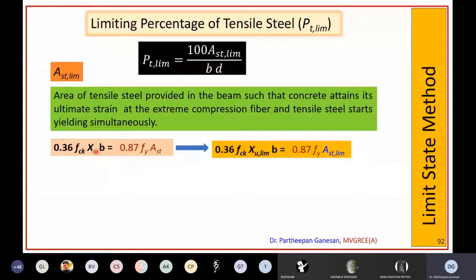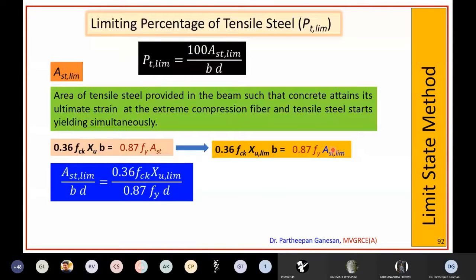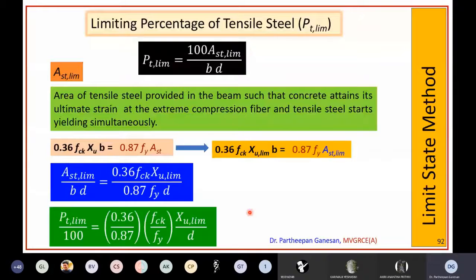So from this you can find AST limit by BD is equal to 0.36 FCK XU limit divided by 0.87 Fy D. Okay, so from this equation you can easily derive it. So PT limit by 100 is equal to AST limit by 100 BD.